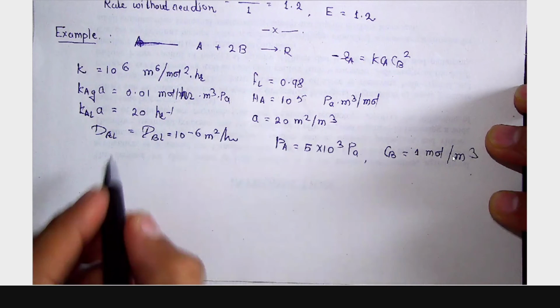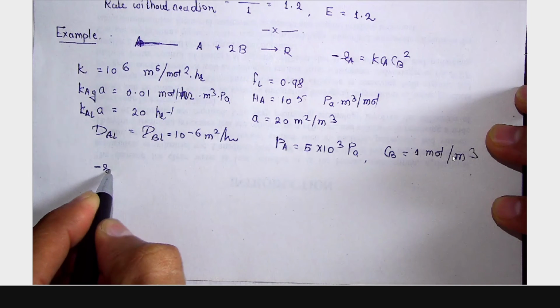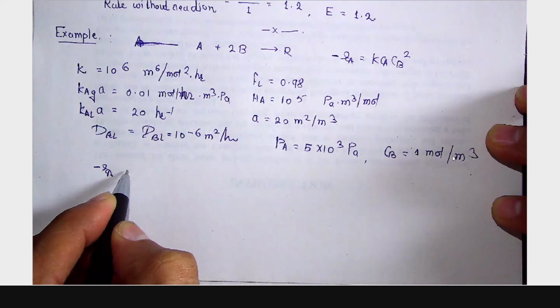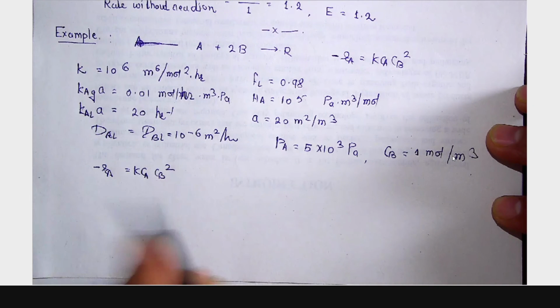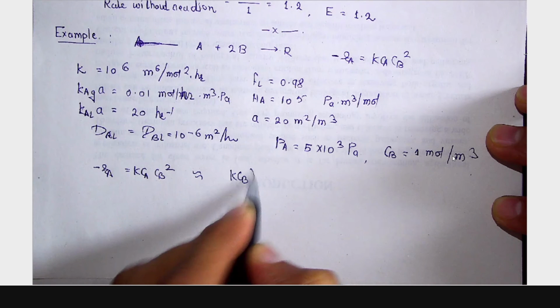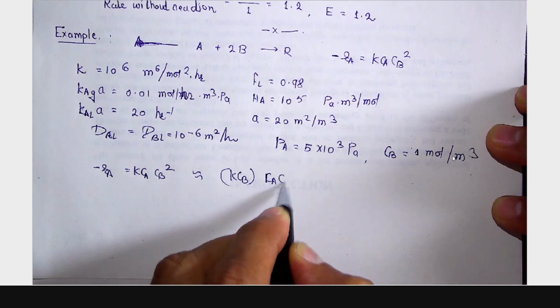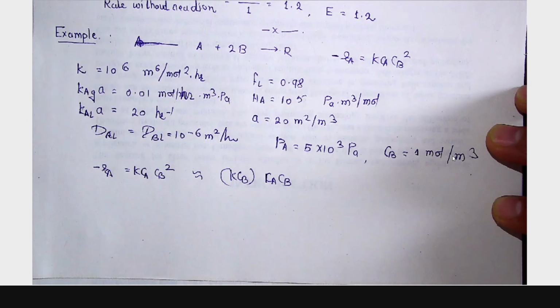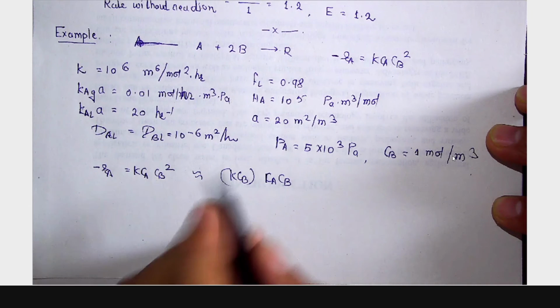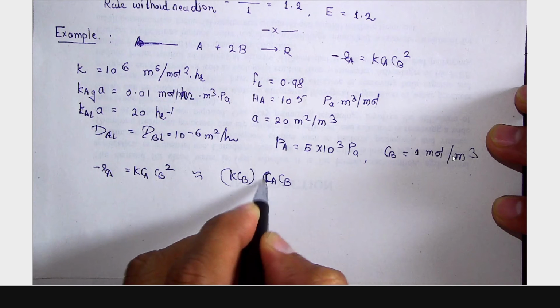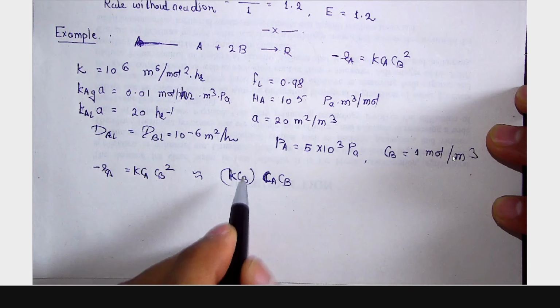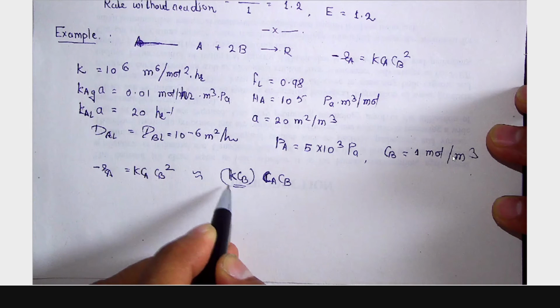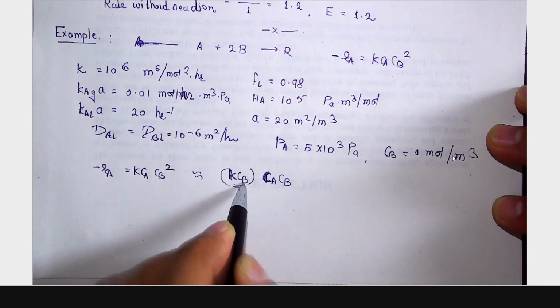As I explained earlier, CA is equal to CB squared, and we can approximate this expression as K CB. So this way we can use our expression, and the true K will be K CB.